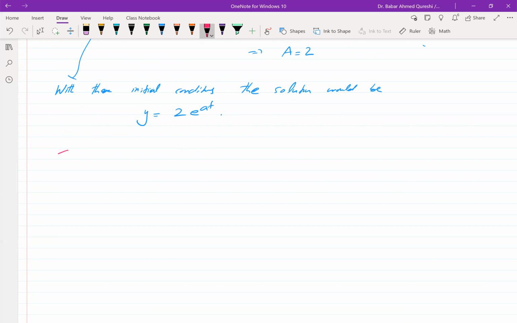So for example, if you have some infectious disease and suppose y of t is the number of infected persons at a given time.